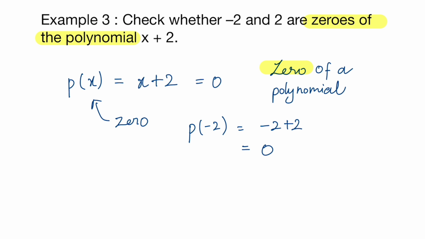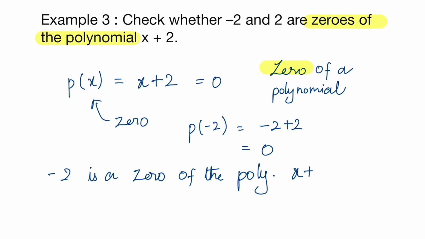If minus 2 is substituted, you get minus 2 plus 2 as 0. So the polynomial x plus 2, when you substitute the value minus 2 in it, you get 0 as the answer. So minus 2 is a zero of the polynomial x plus 2.